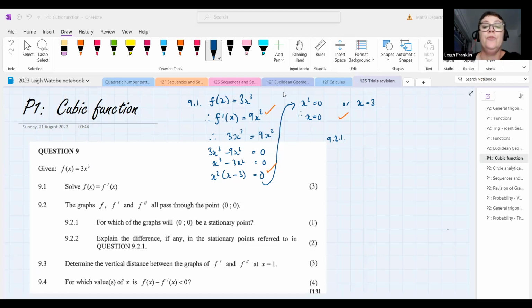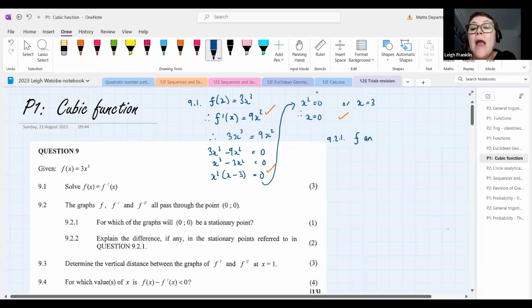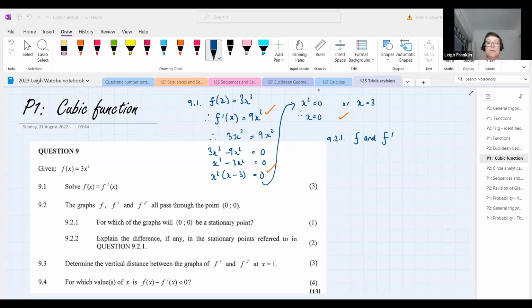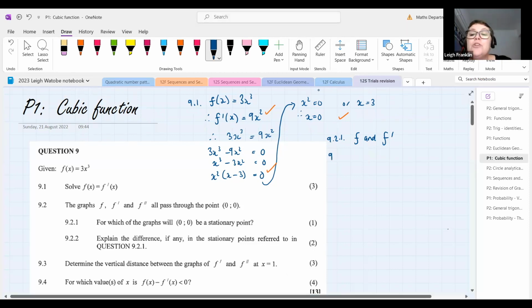A straight line graph does not have any turning points because it's a straight line, right? So it's going to be the graph of f and f prime, the original cubic function and the first derivative.